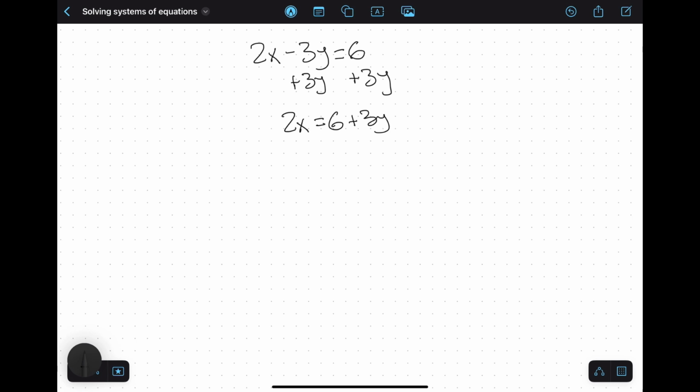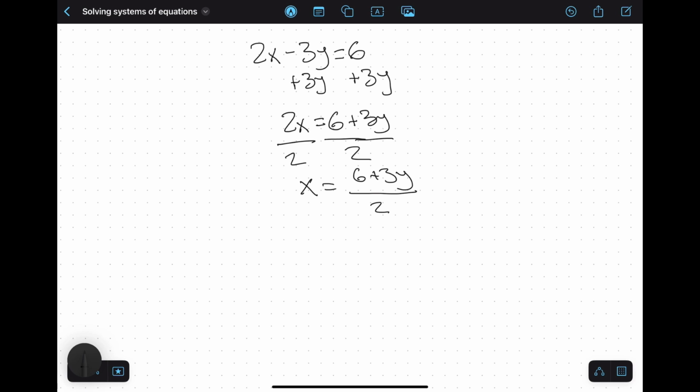Divide both sides by 2, which leaves us with x is equal to 6 plus 3y divided by 2.